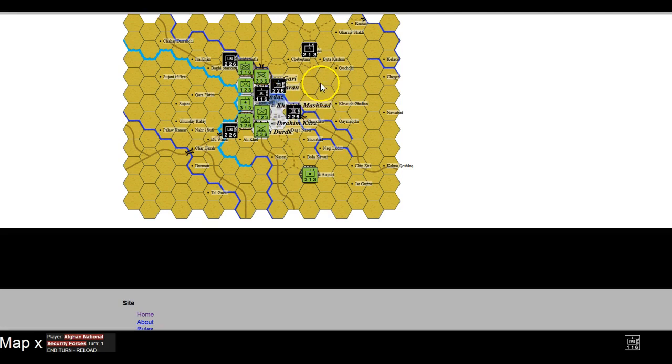And that's going to take everything, including committing this artillery. Do we want to pull this unit back into there to support? I think I will. What I'm going to do is this.